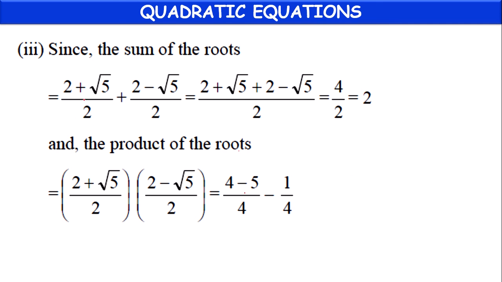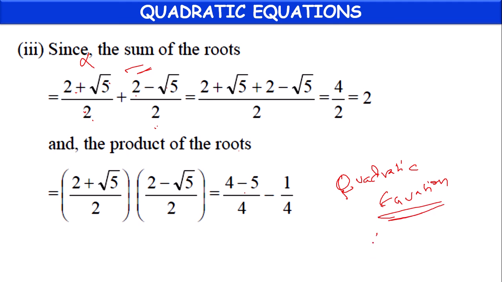So the roots are alpha is 2 plus root 5 by 2, beta is 2 minus root 5 by 2. So for finding the quadratic equation, first we have to find the sum of the roots and product of the roots. So let's find the sum of the roots first. Alpha plus beta, 2 plus root 5 by 2 plus 2 minus root 5 by 2. 2 is the common denominator.